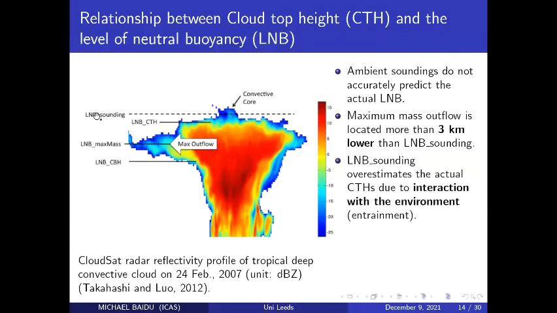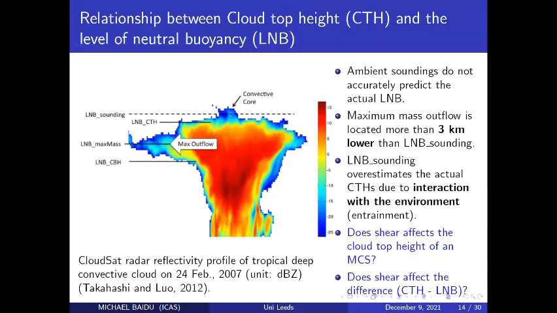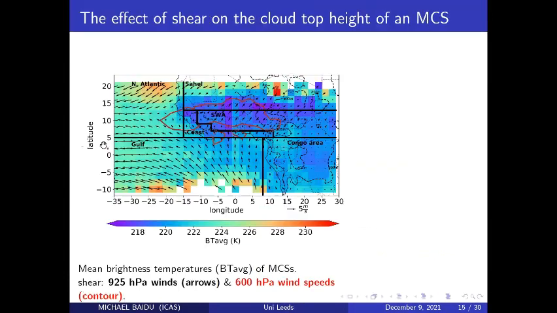But in real life, real storms interact with the environment. They do not rise adiabatically. And that is the reason. So real storms entrain air from the environment. So the key question that we address here is, does shear affect the cloud top heights of storms, or does shear affect the difference between this level of neutral buoyancy and the actual cloud top height?